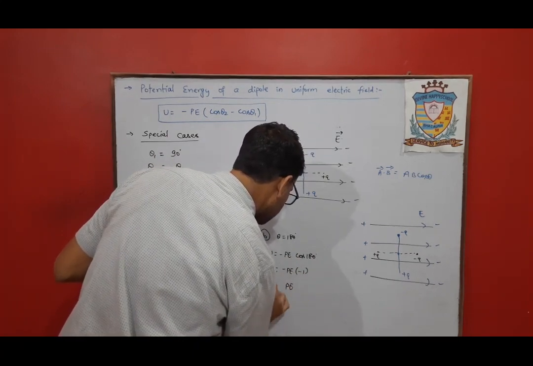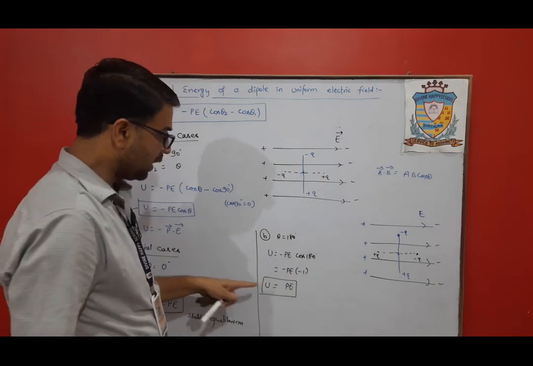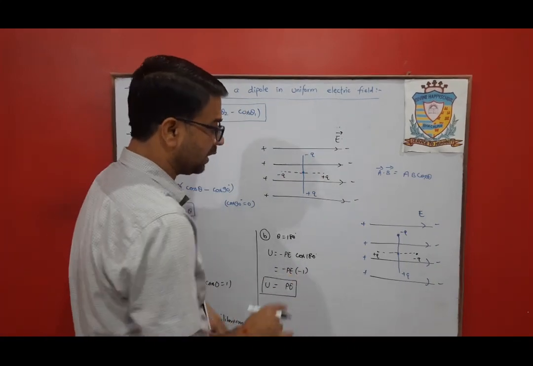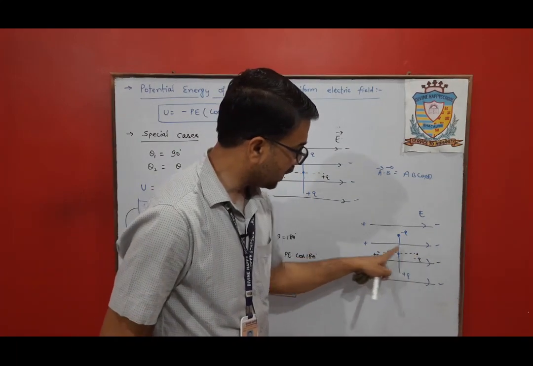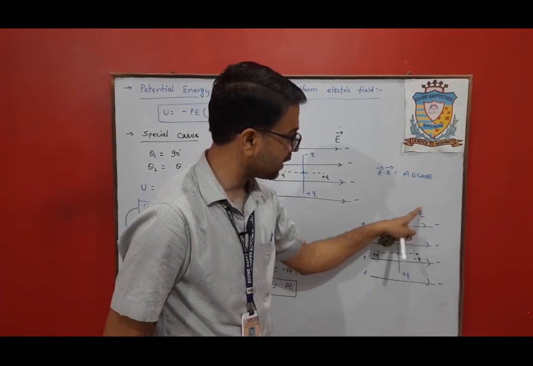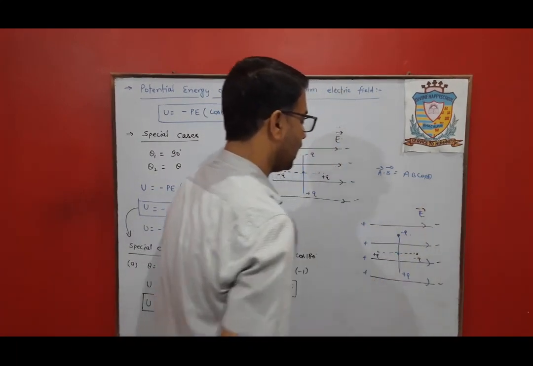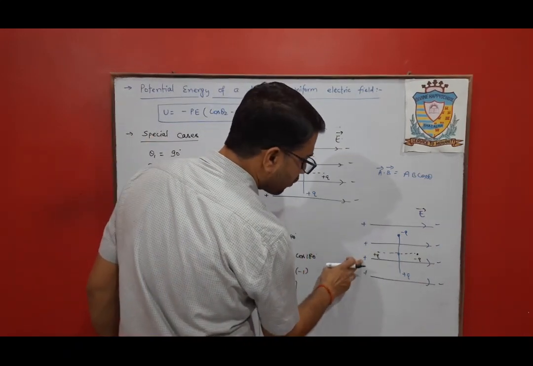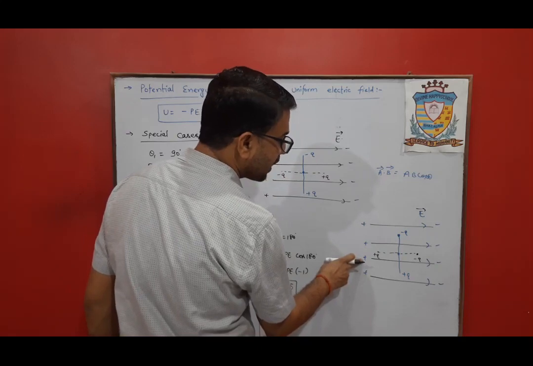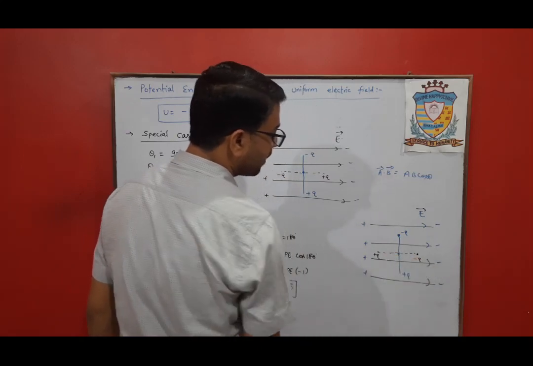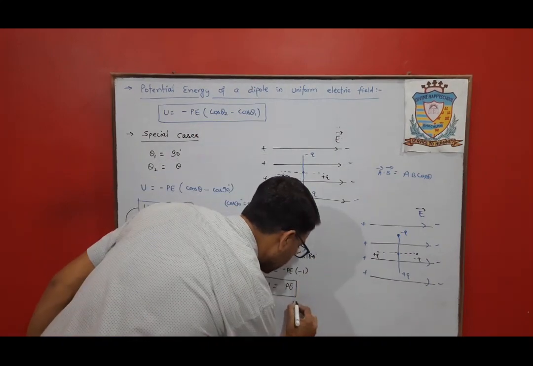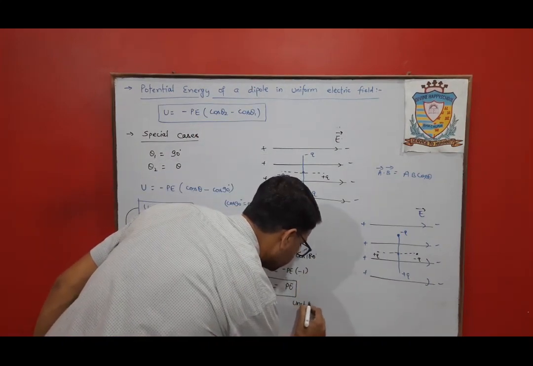So u is equal to PE. So this is in the direction of the electric field. Positive to negative will be the direction of the electric field, and here this is the direction of the electric field. If both are the same, that means this positive charge is always repelled by this positive charge and this negative charge is always repelled by this negative charge. In that case, this is known as unstable equilibrium.